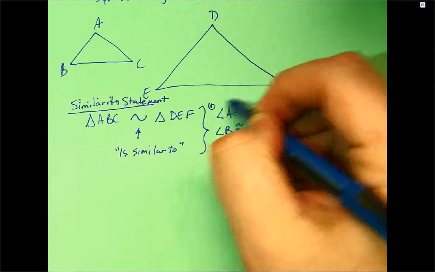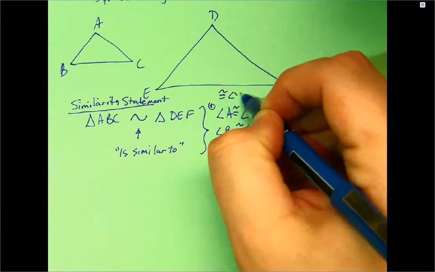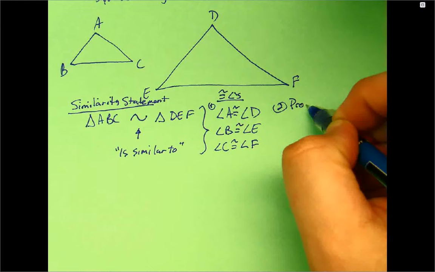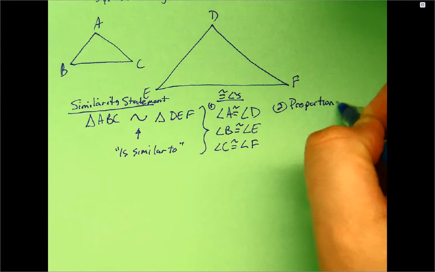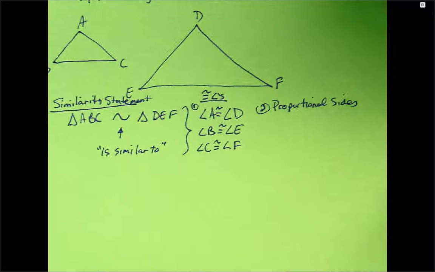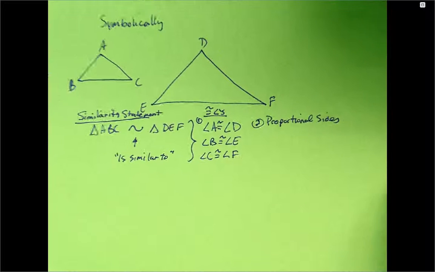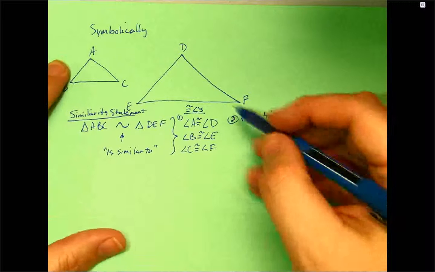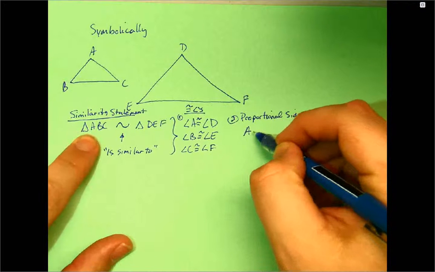The second thing you get is proportional sides. So take your first side, AB. And we're going to create the proportional side.